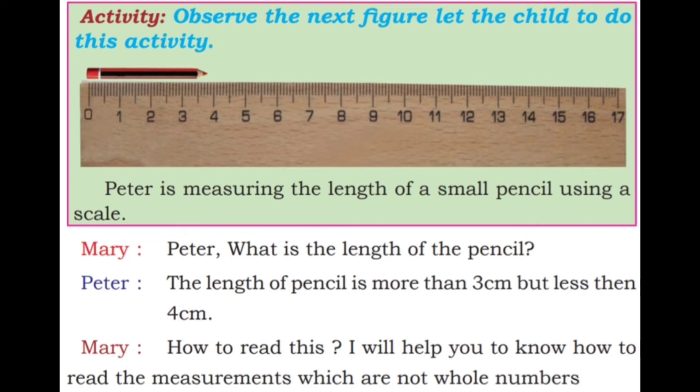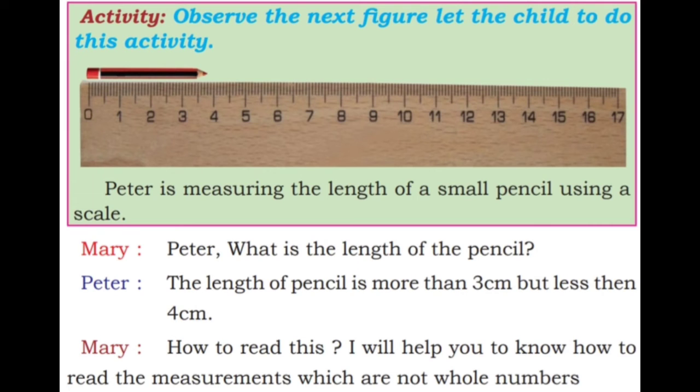Activity. Observe the next figure. Let the child do this activity. Peter is measuring the length of a small pencil using a scale. Mary: Peter, what is the length of the pencil? Peter: the length of the pencil is more than 3 cm but less than 4 cm. Mary: how to read it?